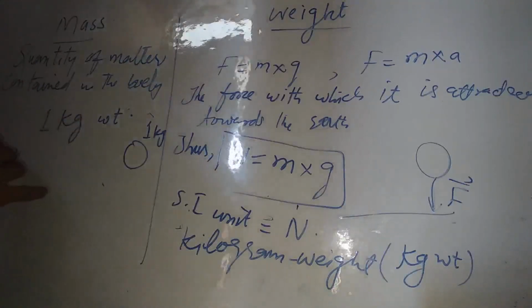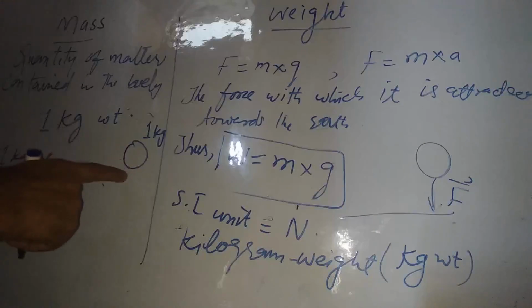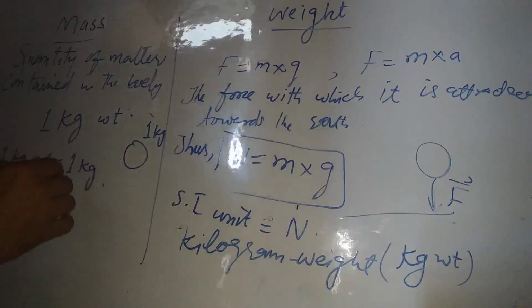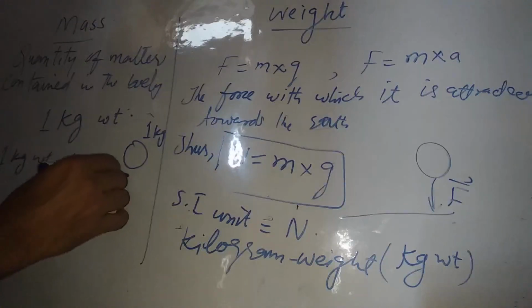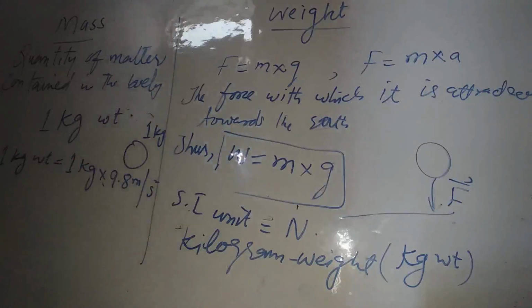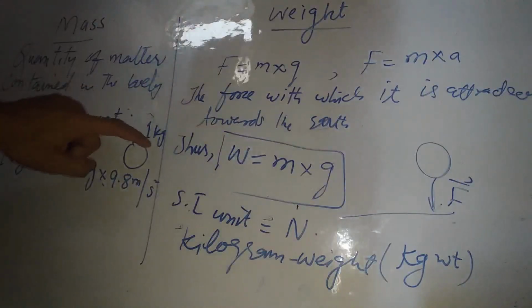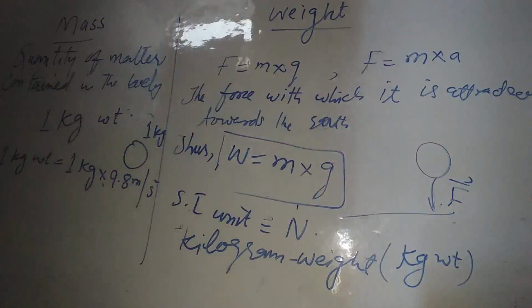The 1 kg weight is that gravitational force that acts on a body of mass 1 kg. Okay, 1 kg multiplied by 9.8 मीटर पर सेकंड स्क्वायर, और इसकी एक्सेलरेशन ड्यू टू ग्रेविटी वो 9.8 मीटर पर सेकंड स्क्वायर. Okay, अगर बॉडी का मास 1 kg है एंड इट्स एक्सेलरेशन इज 9.8 मीटर पर सेकंड स्क्वायर, then we can say that body has 1 kg weight.